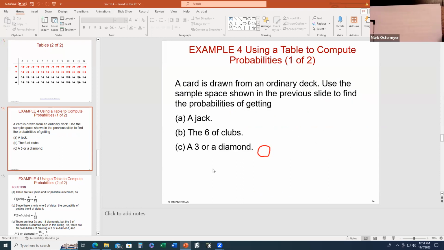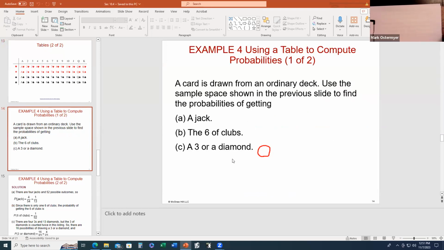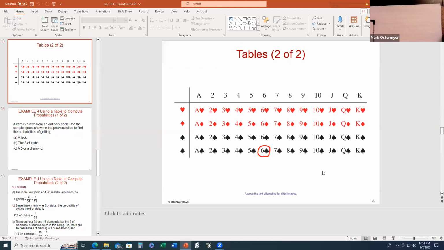That makes sense here? 1 over 52. What's the probability of pulling out a 3 or a diamond? Well, how many 3s are there? How many ways can you draw a 3? There's 4 3s.